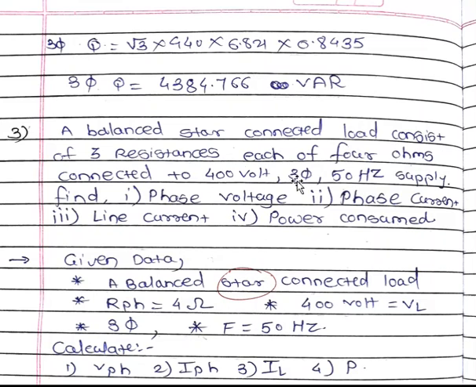It is connected to a 400 volt, 3 phase, 50 hertz supply, that is, the line voltage or supply voltage is 400 volt. So we calculate the phase voltage VPH, phase current IPH, line current IL, and power consumed P.